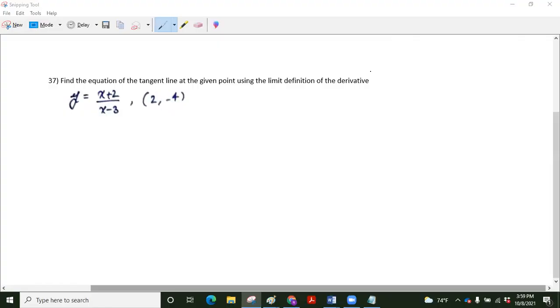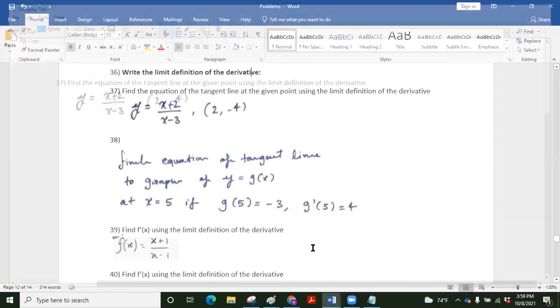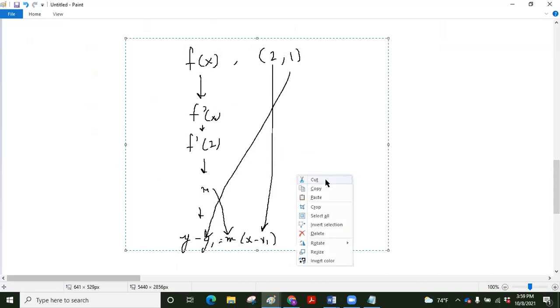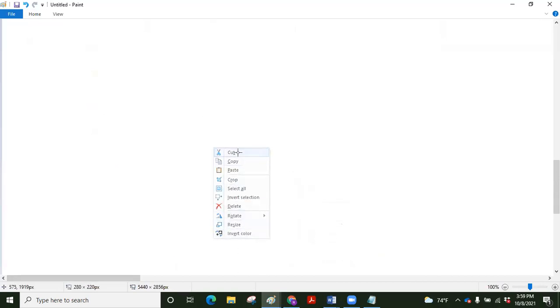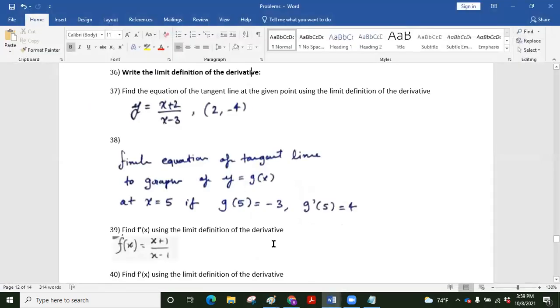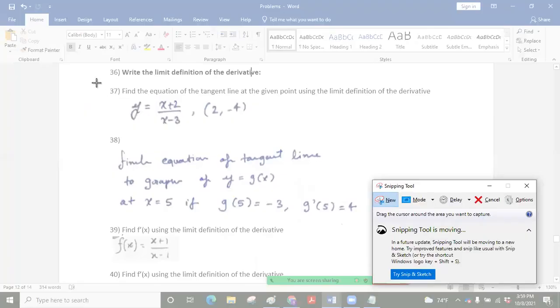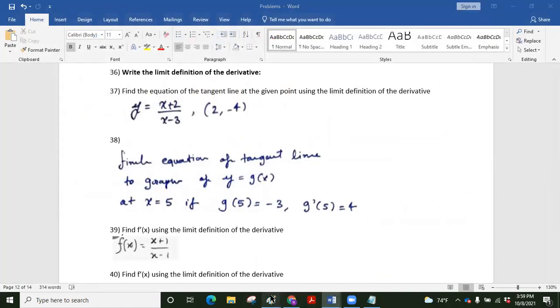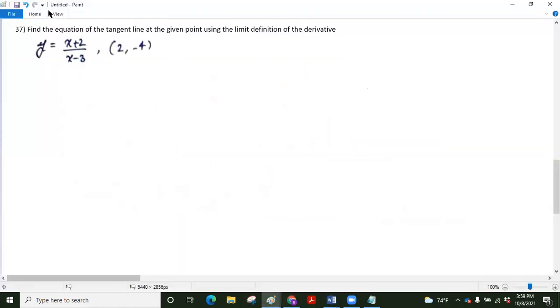This one's saying find the equation of the tangent line at the given point using the definition of the derivative. So let's go ahead and try to magnify this here. So we're basically piggybacking off the same idea that we had previously, which is that first we want to find the derivative of the function.